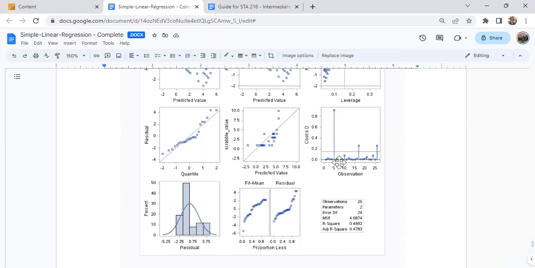And SAS is nice in that it tells you what the observation number is. That's the x-axis, so you could look it up in the data set. For example, here, it looks like it's letter 5, which is E. That's weird. Yeah, it seems like the letter E.